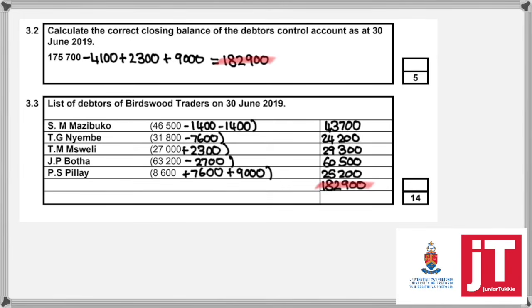A tip: if it does not balance, don't go back and look for your mistake. Rather finish the paper.